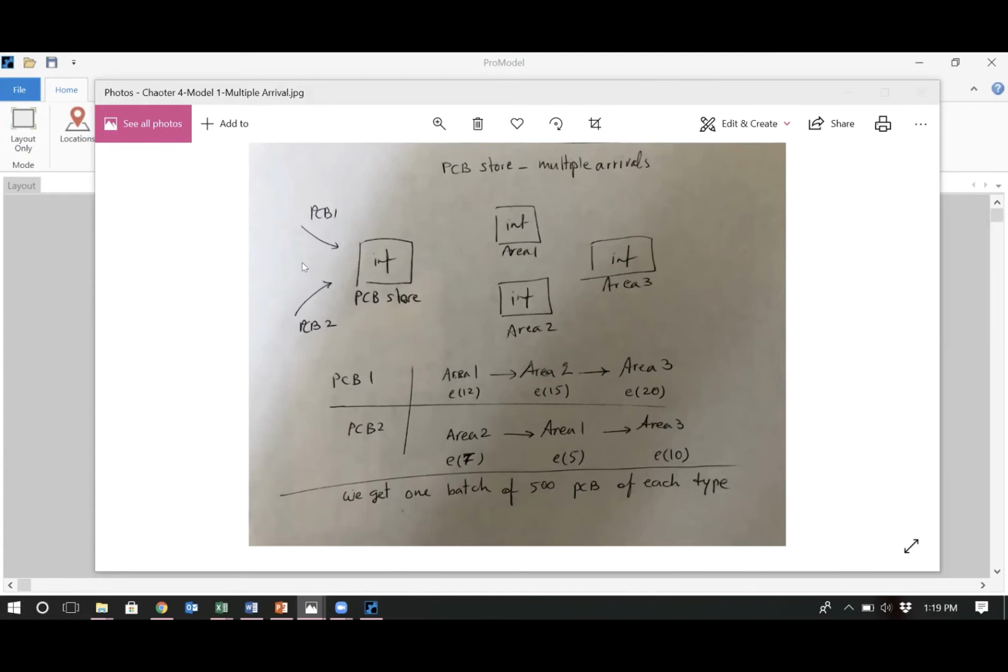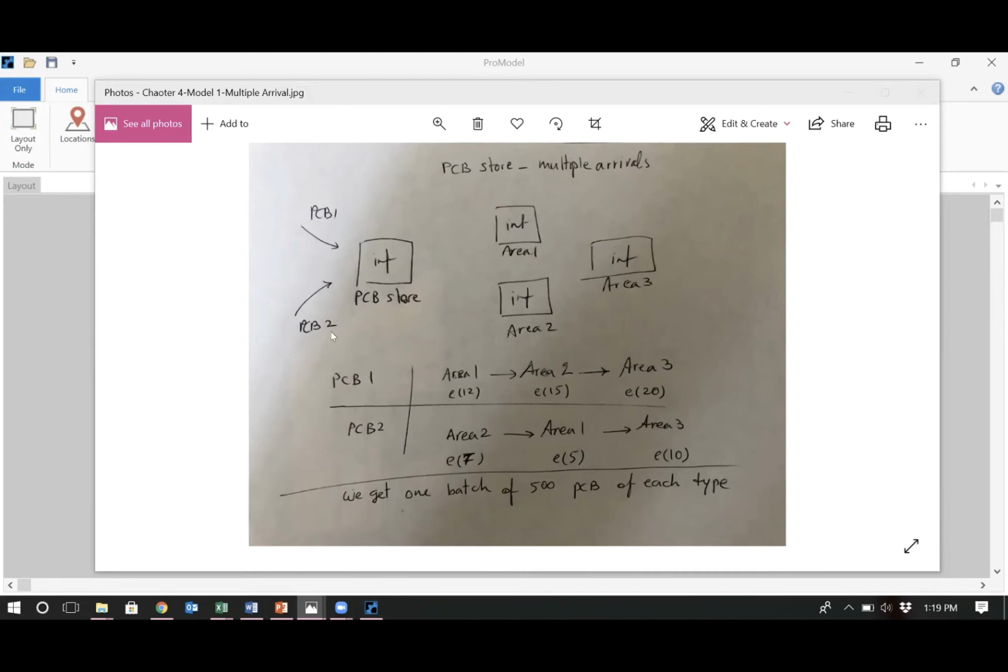So here I have 2 entities, and I'm going to have 2 arrivals just because both of them come from outside the system to the system. So I need to capture their arrivals. And this sentence, as I said, is the only thing we know about the arrival. We get 1 batch of 500 from each one of these PCB types, PCB1 and PCB2.